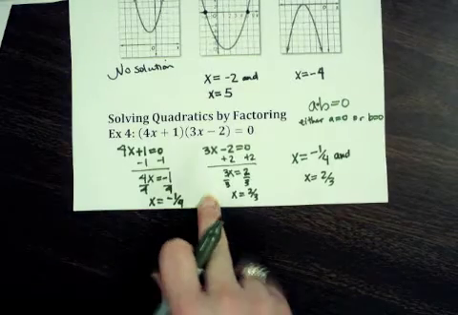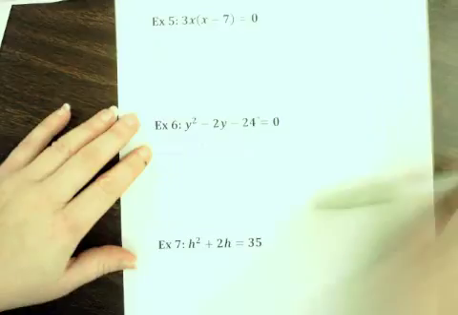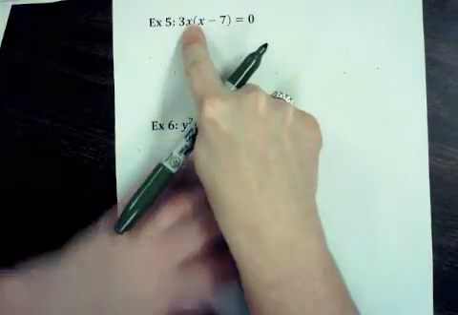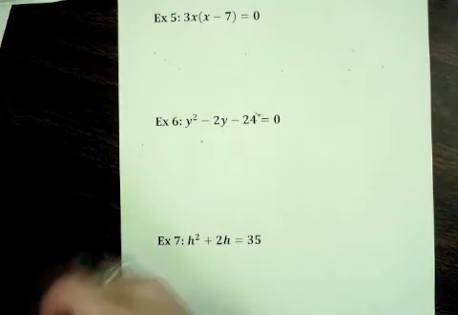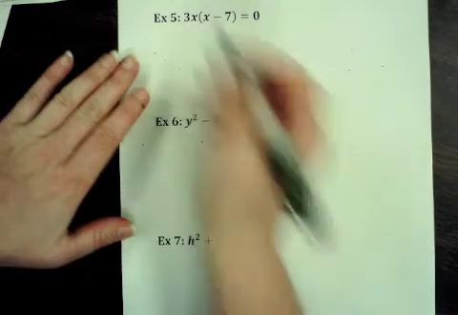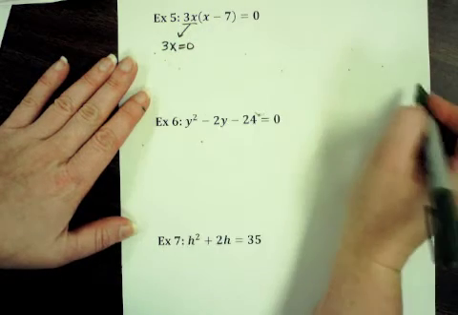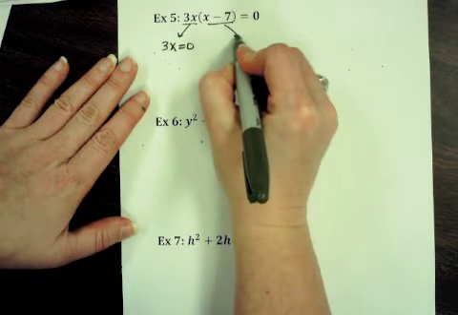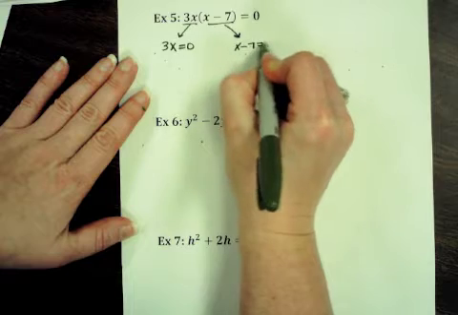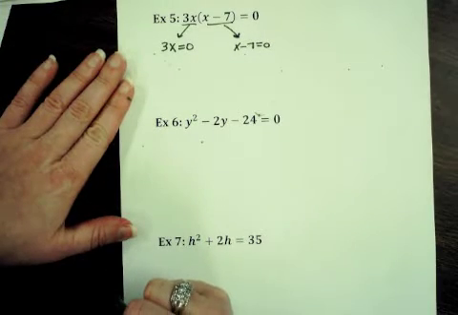Okay, example 5. Same deal, it's already factored for me. So I go ahead and I split it. I take 3x and set it equal to 0. And I take x minus 7 and set it equal to 0. And then I solve.